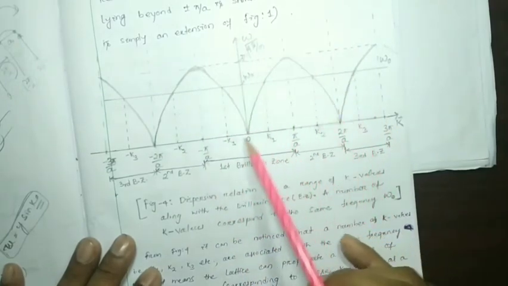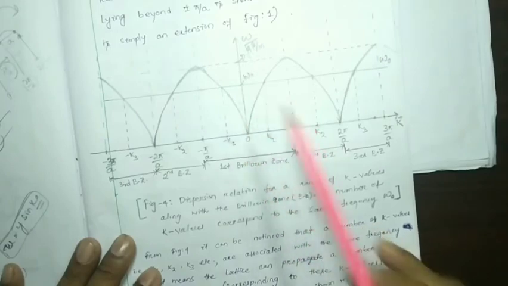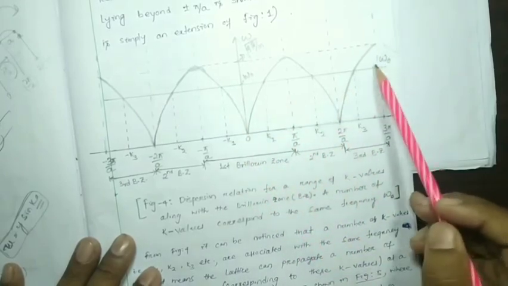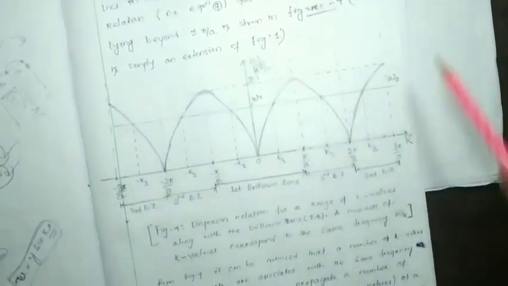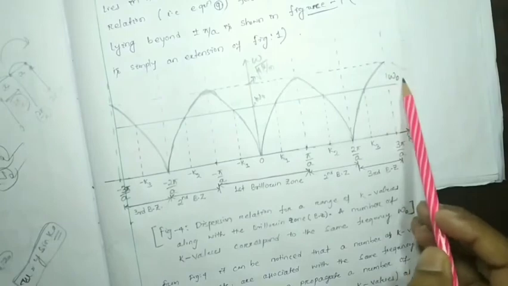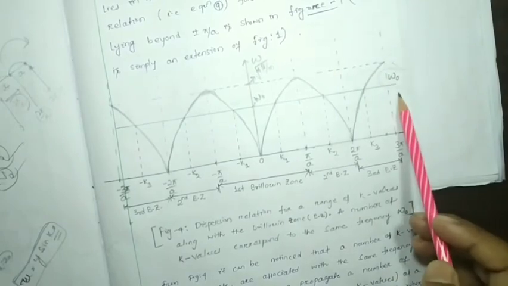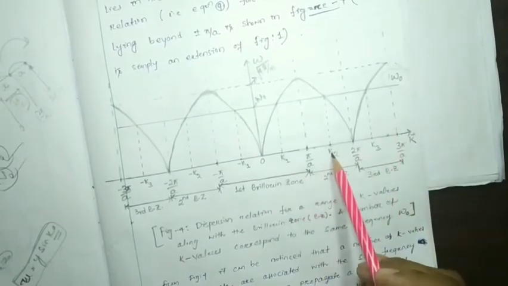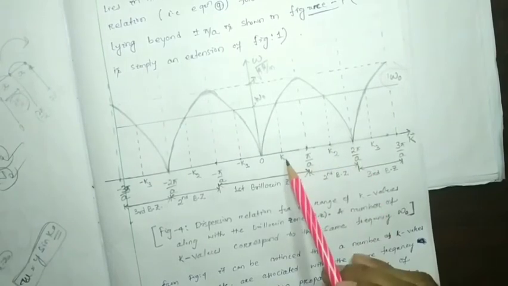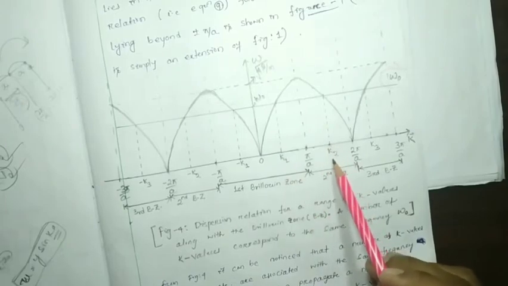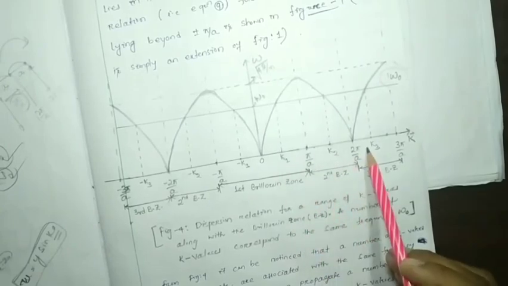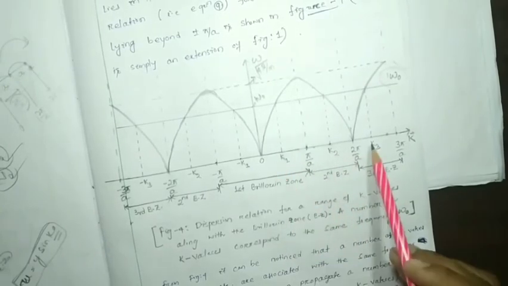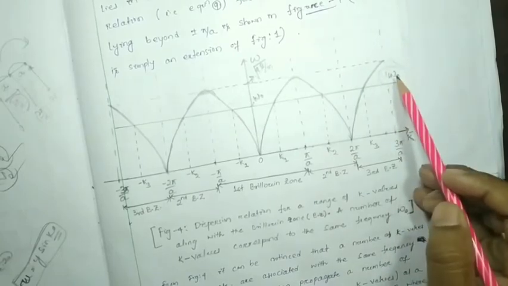This is another piece of information we can find from the figure. That means whenever we consider a frequency less than the highest frequency, that frequency belongs to different k values. Maybe this one in the first Brillouin zone is k1, this in the second Brillouin zone is k2, and the third Brillouin zone k3. k1, k2, k3 are different, but at these k values we find the same frequency.